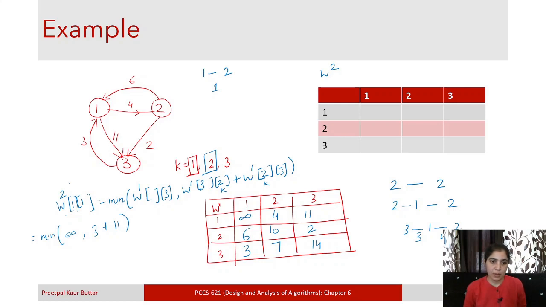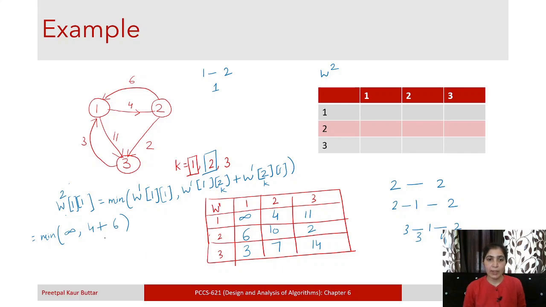So we will look at W11 and W1 1 to 2, W1 2 to 1. Okay, so W11 is infinity, W12 is 4, and W21 is 6.